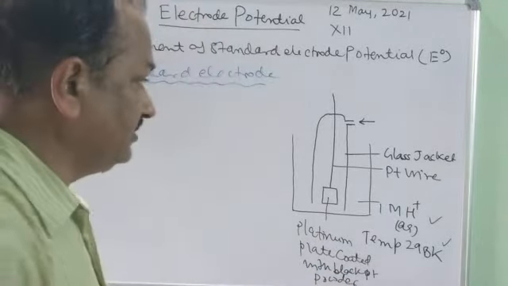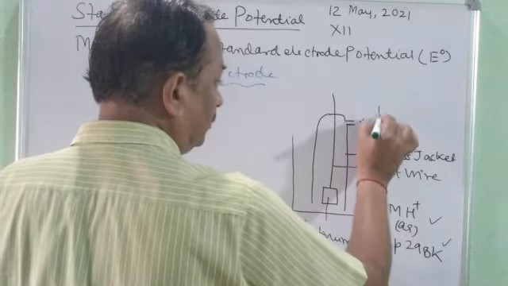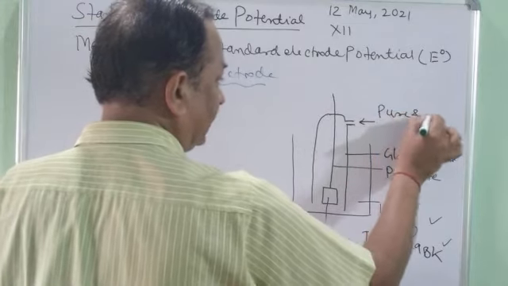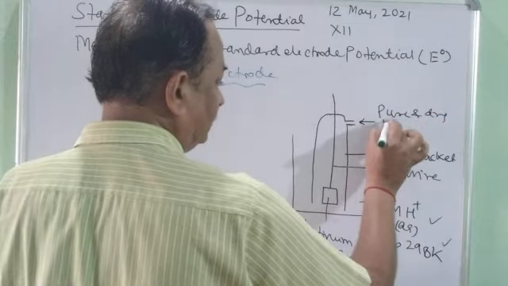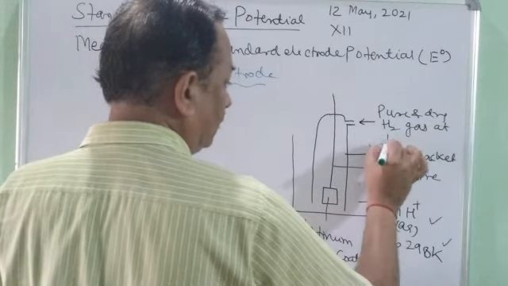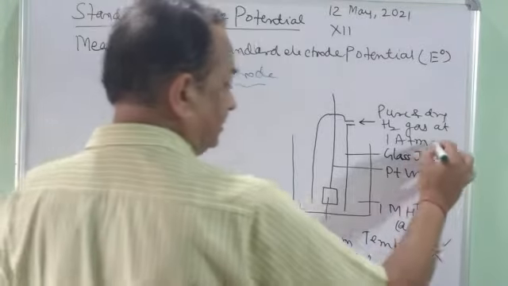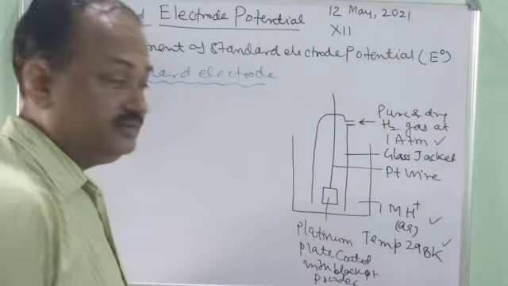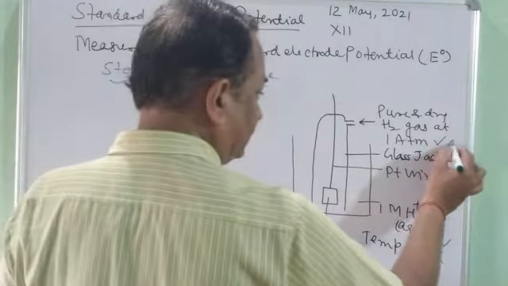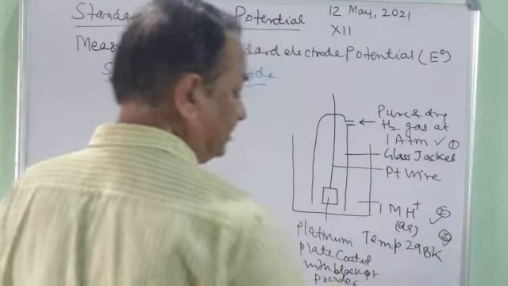So see the conditions. Here there is pure and dry hydrogen gas at 1 atmosphere. So this is the third condition. This is the first condition, this is the second condition, this is the third condition.